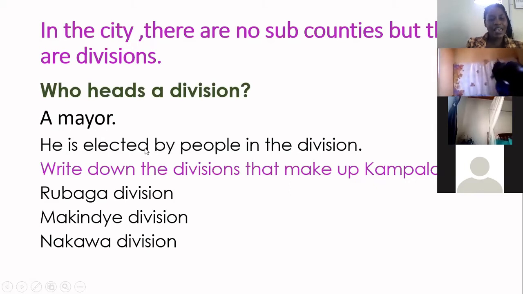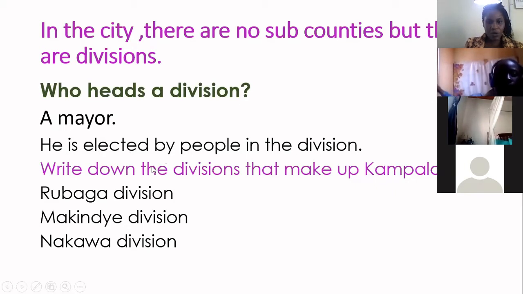That's why we are saying the mayor is elected by people only in that division. Hope you're following, my pupils.